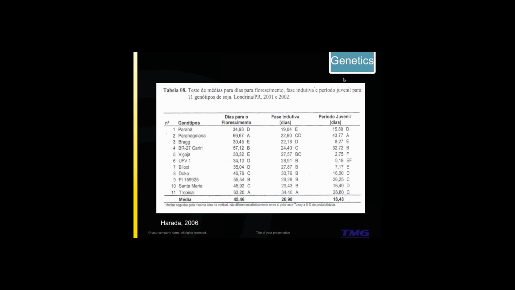So I believe that's an effect, not of the indeterminate gene itself, but rather from other genes that may make these materials more susceptible to drought stress. Okay, that's my personal feeling. I hope I answered the question.